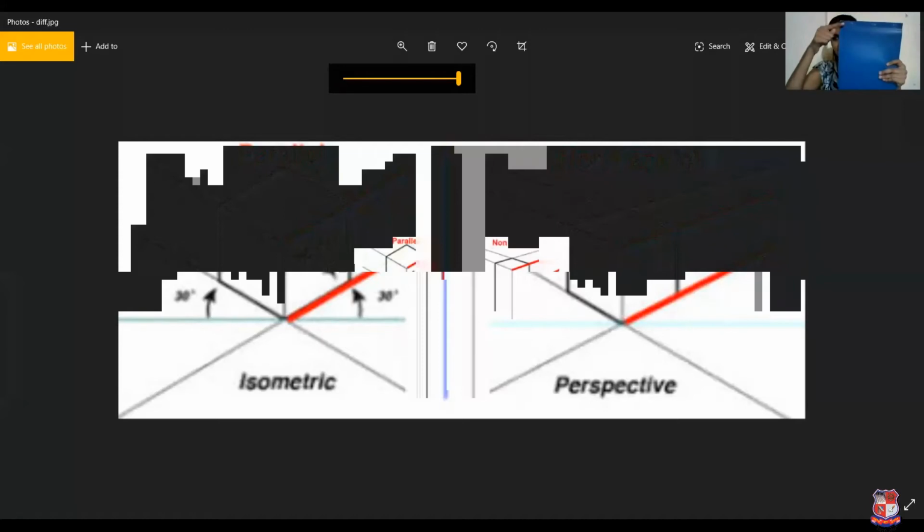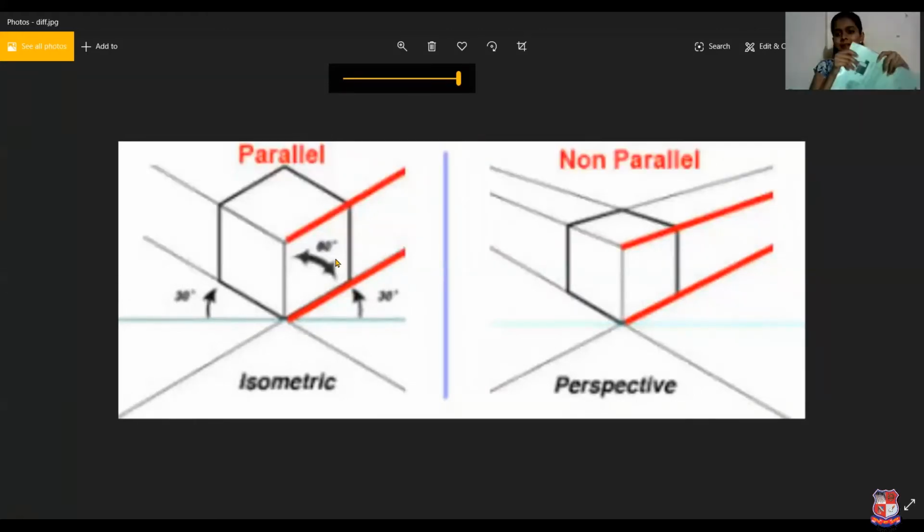Suppose this is the length. Length, length, length, length. This is one set of parallel lines. And consider the width, width, width, again width, width. This is the second set of parallel lines. Then consider the height, height, height, height, and height.